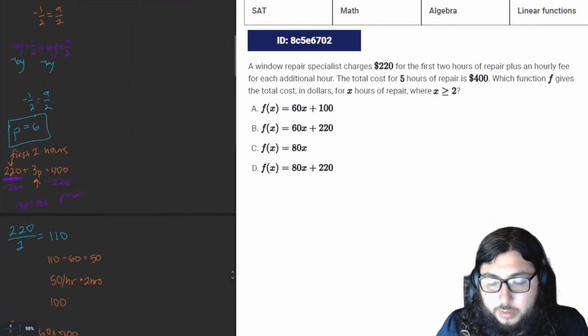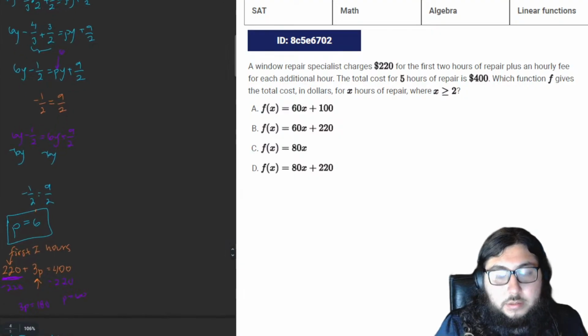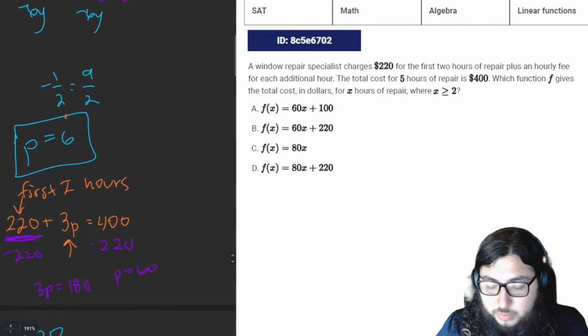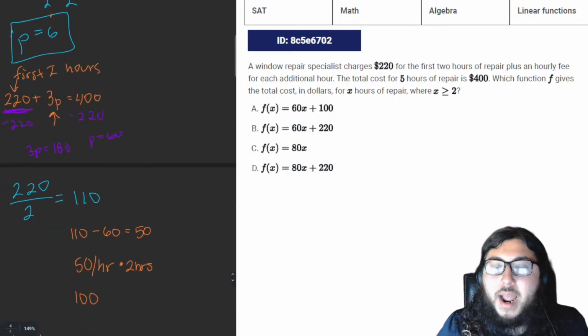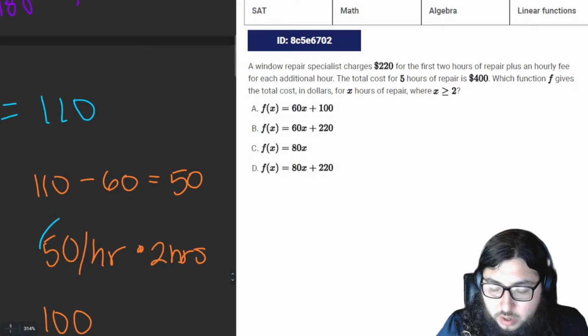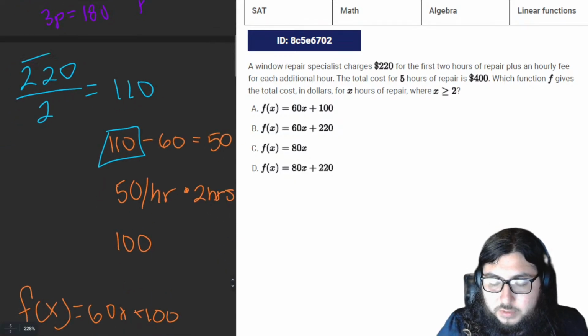We'll recap what we got. So make sure to be thorough and do what I didn't, which is be thorough. So we calculated the hourly rate for every hour after the first 2 hours, but we also have to offset the initial cost based on the difference between our first 2 hours, the hourly rate for the first 2 hours, which is 110 per hour, which we got from dividing 220 by 2.